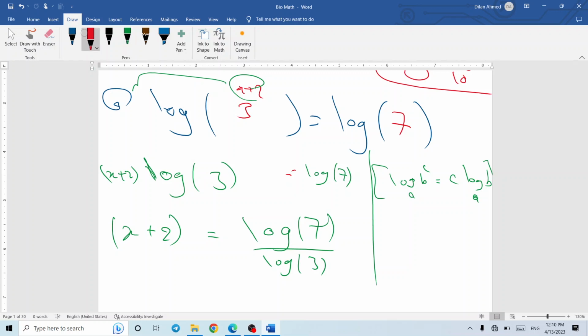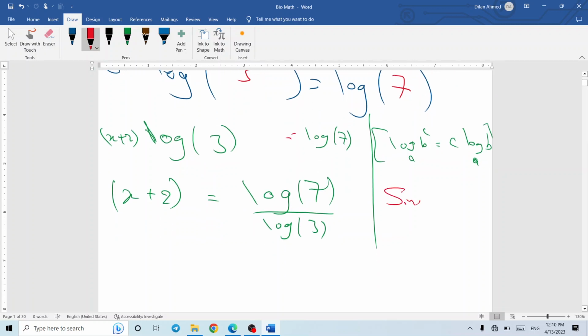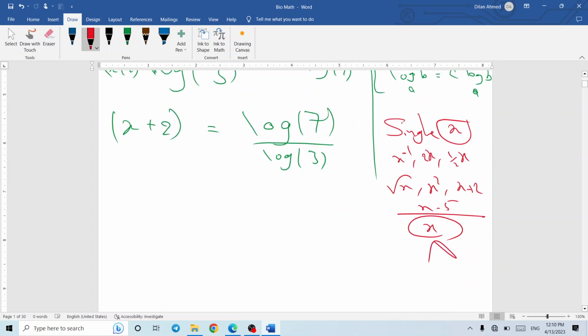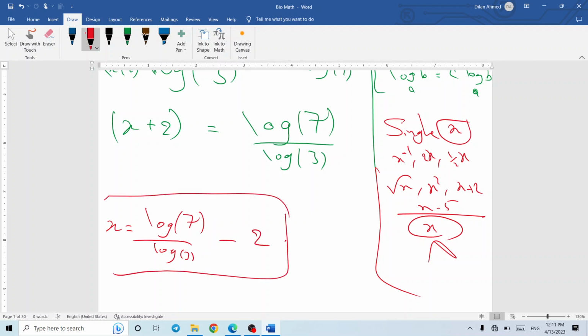When I say x, I mean a single x, without power, without a number, without square root, without x + 2 or x minus 5, just only positive single x. That's why the left side should be only x. So x equals log of 7 over log of 3, minus 2. This is your solution, and you can see I didn't use the calculator, right? You can leave it like that and it's correct.